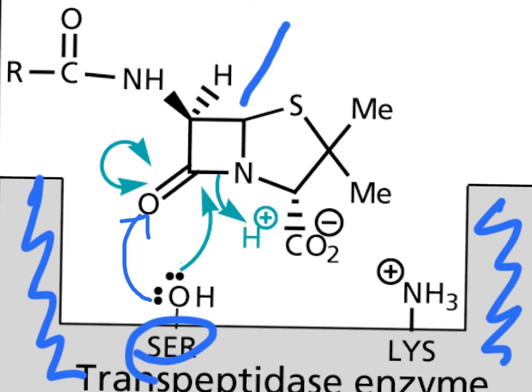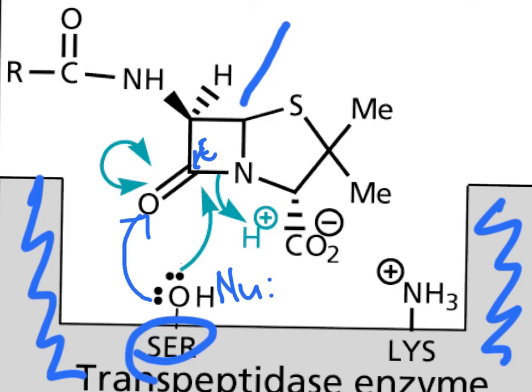That is wrong. The attack always goes to the carbon, the more electrophilic. Here, this is the nucleophile, and this is the electrophile on the carbon. So attack is always from nucleophile to electrophile.